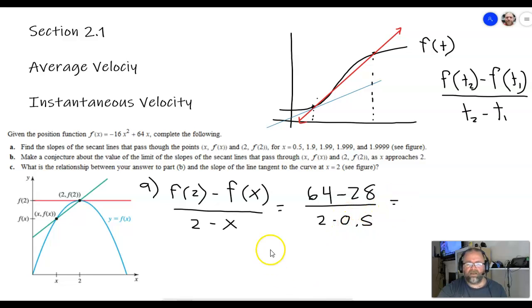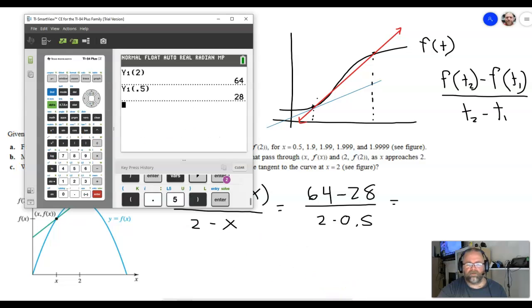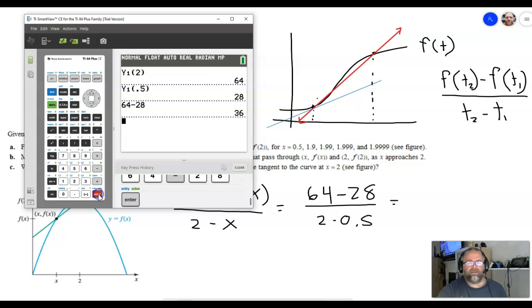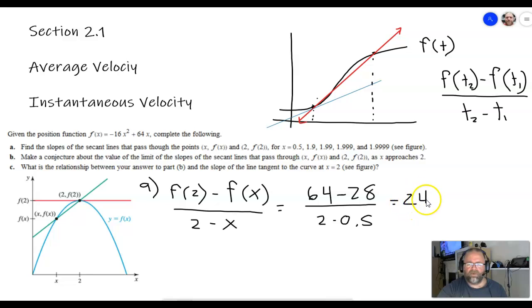And let's see what we get here. So pull the calculator back up, and I'm going to get 64 minus 28. That gives me 36, and we're going to divide that by, and I'll put this in parentheses here, 2 minus 0.5. All right, and 24. So the first one here is a slope of 24.